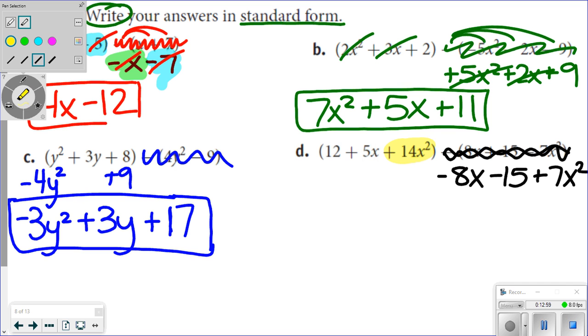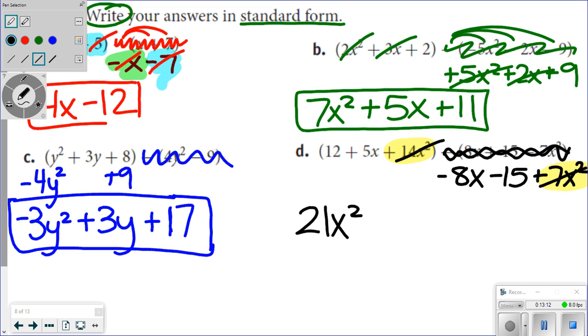So positive 14x squared plus 7x squared. I'm going to do that first so I don't have to rearrange it at the end. You can rearrange it at the end if you would like, just don't forget to do it. So then my next highest would be the x's.